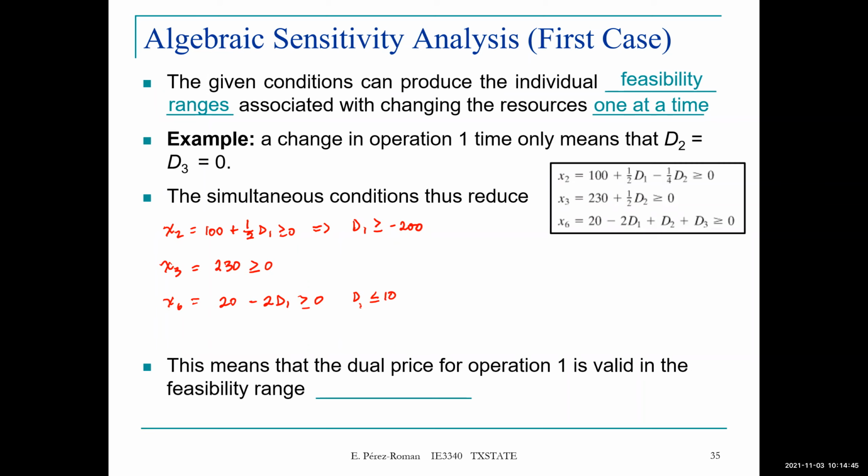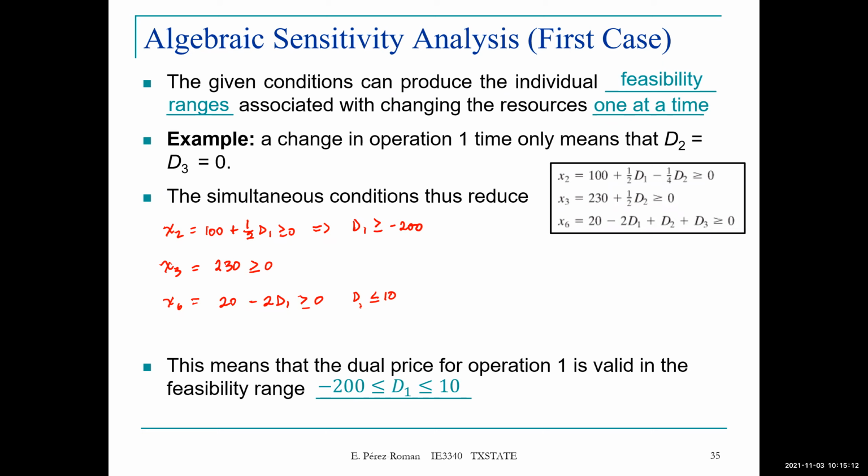So this means that the dual price for operation one is valid in the feasibility range between minus 200 and 10. So as long as D1 is greater than minus 200 and less than or equal to 10, the dual price for operation one will be valid.